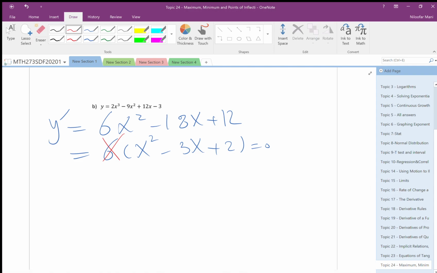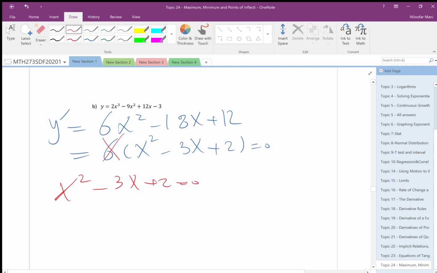No, I just take it out. I just factor. But when I say equal 0, I don't need to consider 6 because 6 is not 0. So when in multiplication I have something equal 0, either 6 is 0 or the other one is 0. So 6 is not 0, so the other one is 0. So I say x squared minus 3x plus 2 is 0.